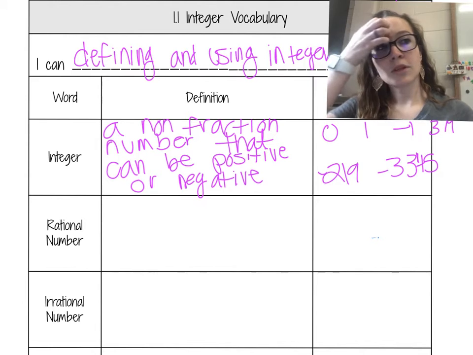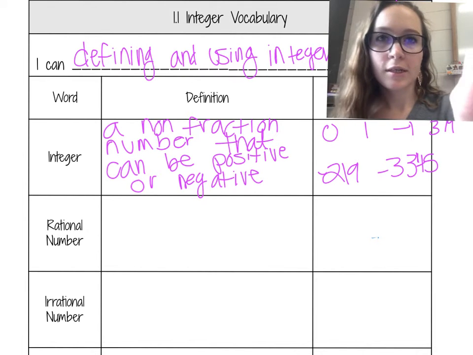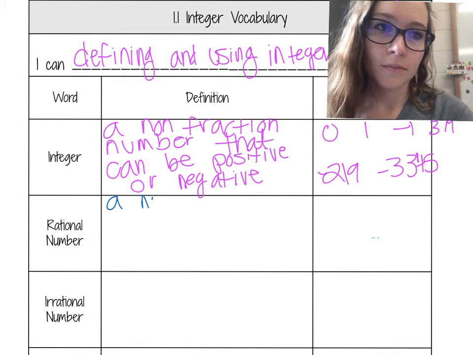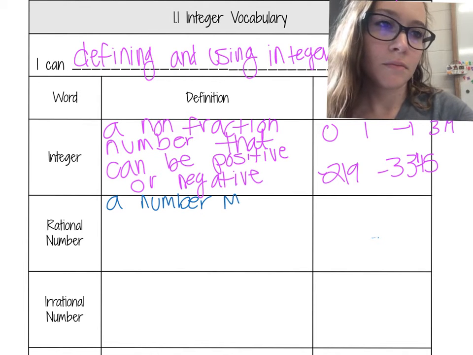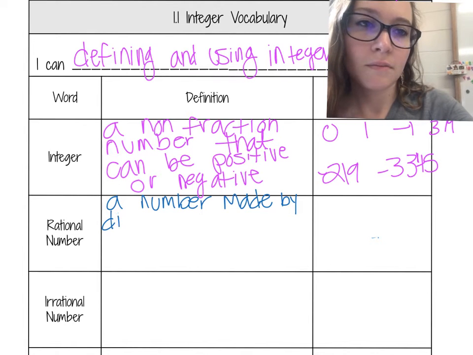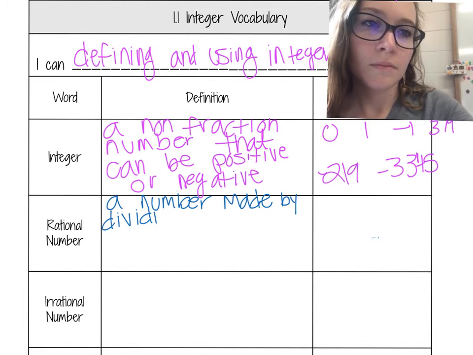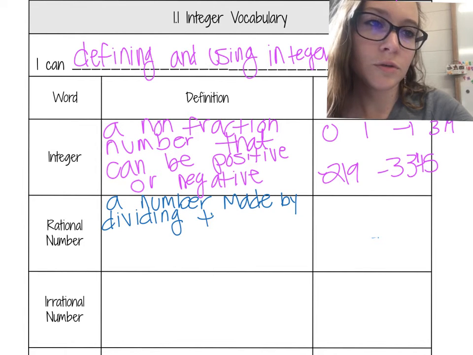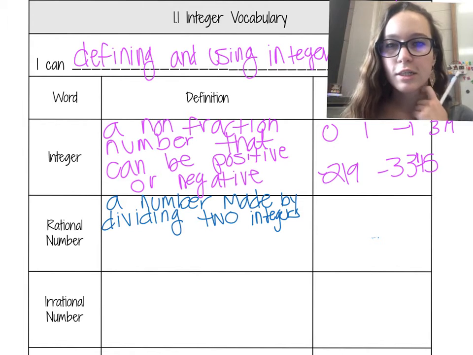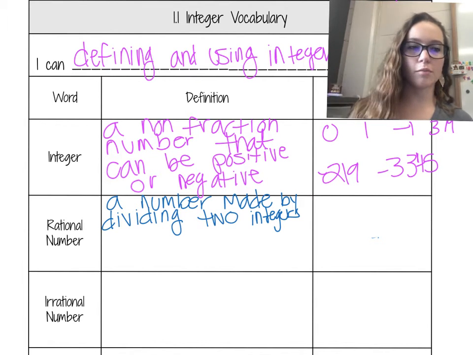So a rational number is a number made by dividing two integers. One integer divided by another integer is going to be a rational number.